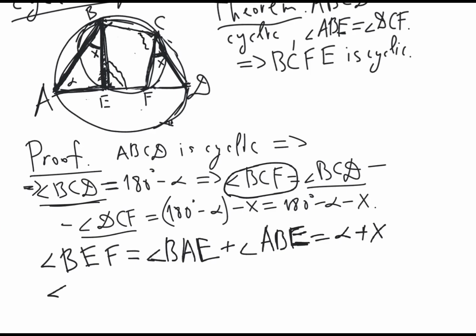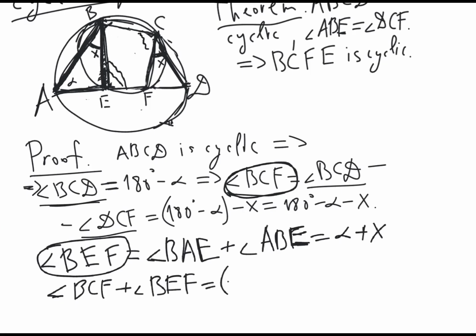So in total, the sum of the two opposite angles in the quadrilateral that we need to prove is cyclic, BCF plus BEF, is equal to 180 degrees minus alpha minus x plus alpha plus x. And this, of course, is equal to 180 degrees.